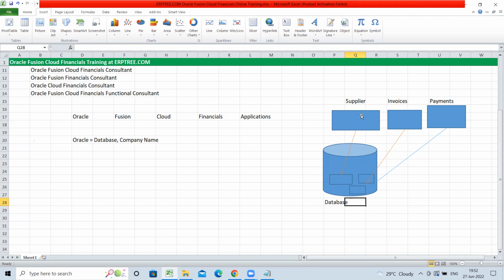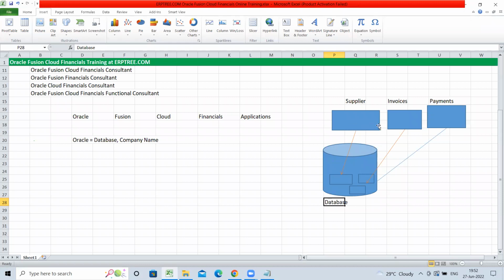Whichever data you want to store, accordingly you can store it in the respective tables. So by using the database, we can store the data with the help of tables. And every page is connected with the respective table: supplier page with the supplier table, invoice page with the invoice table, payments page with the payments table. This is how the pages are connected with the tables.